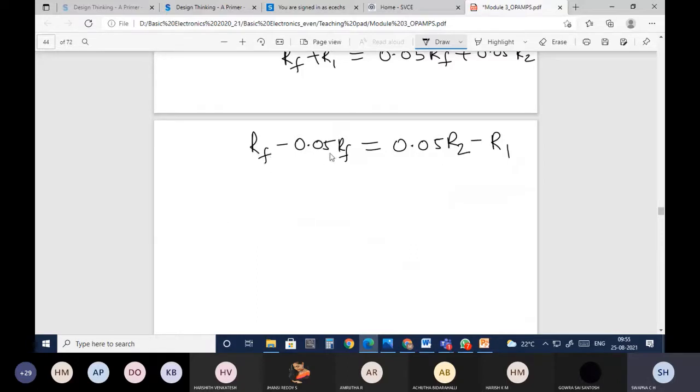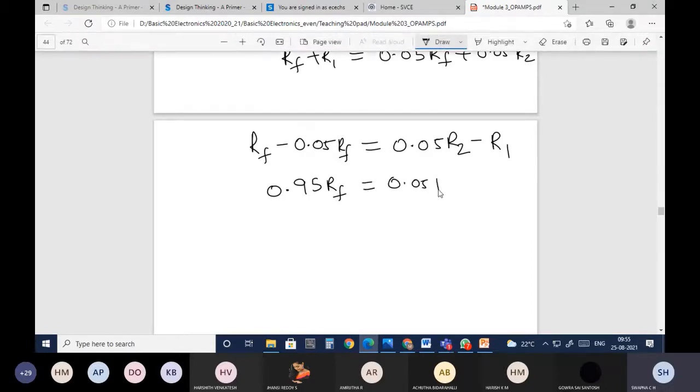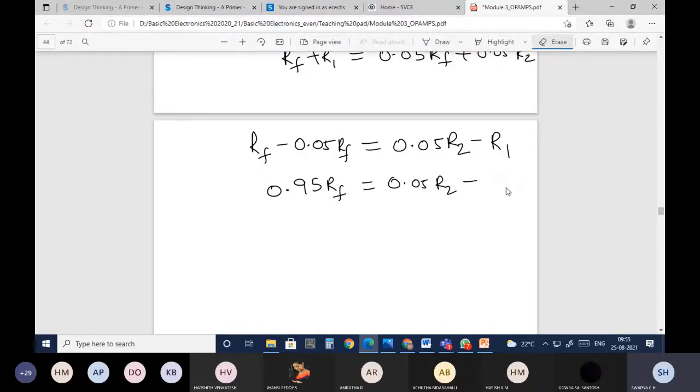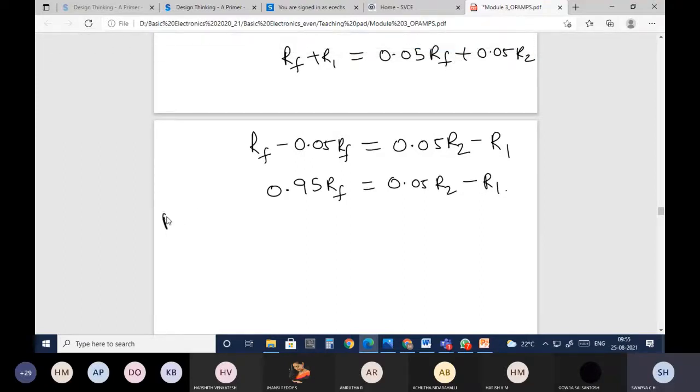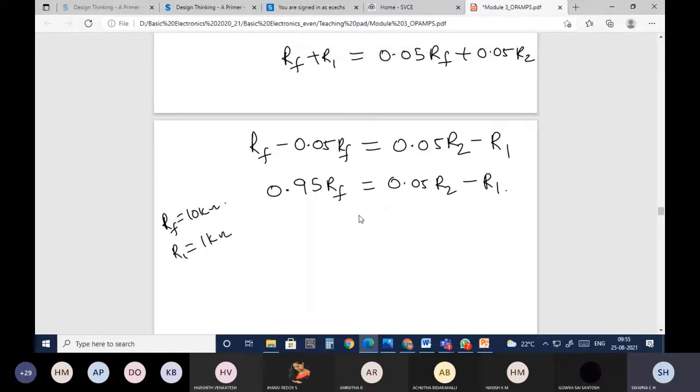So RF minus 0.05 RF will be 0.95 RF, that will be equal to 0.05 R2 minus R1. You know that I have assumed RF as 10 kilo ohms and R1 I have got as 1 kilo ohm. Now I'll substitute everything here.